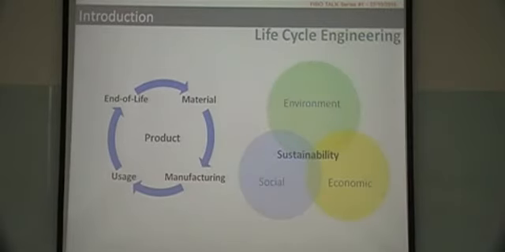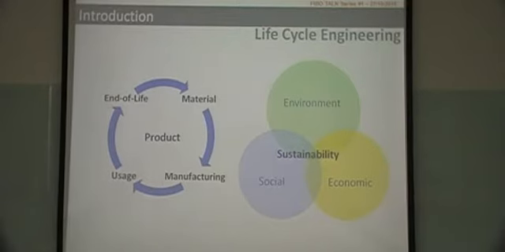So why do we work on lifecycle engineering? It's very simple. We try to make our world more sustainable. This is the triple bottom line of three factors to make things sustainable. Sustainability is one of the things people are working on nowadays, like sustainable development.